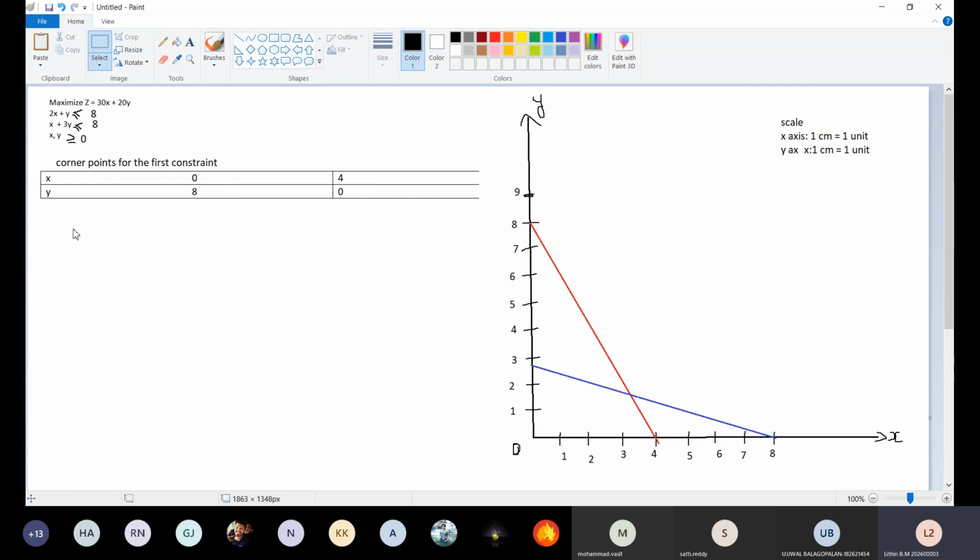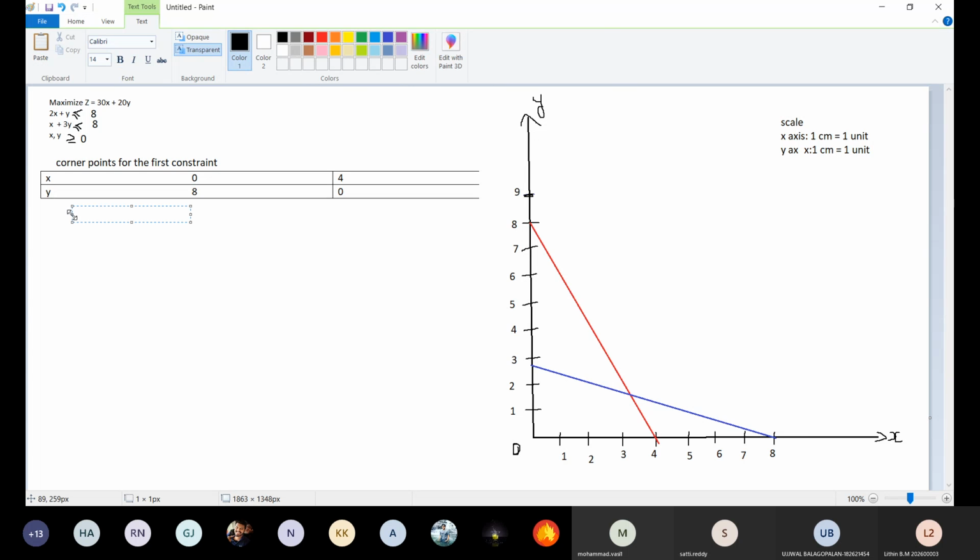Then in the same way, the corner points for the second constraint.